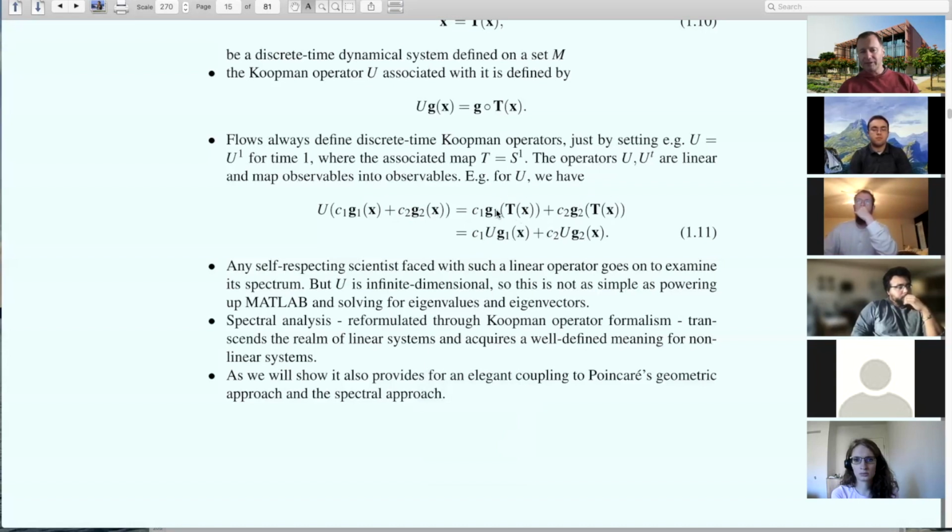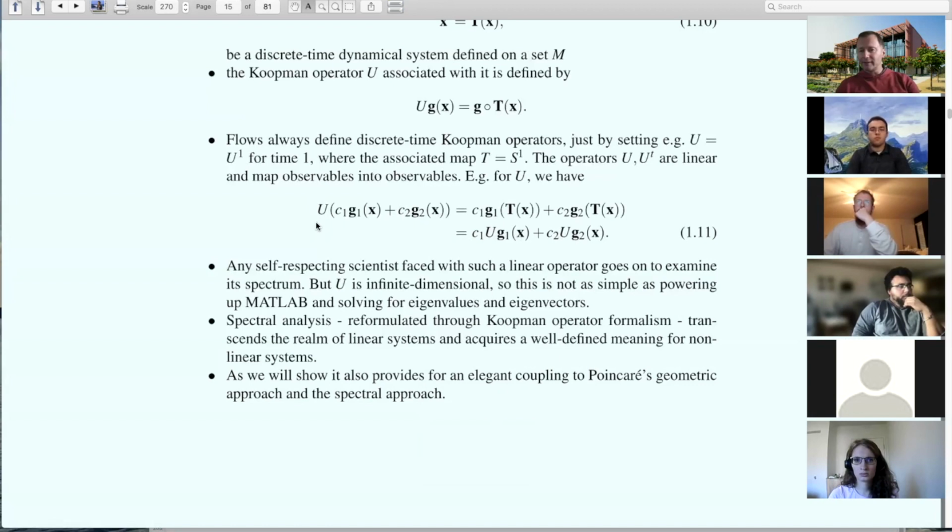By definition, this thing here is just U acting on g1, and this thing here is U acting on g2. So U acting on c1 g1 plus c2 g2 is c1 U g1 plus c2 U g2, and therefore the operator is linear.